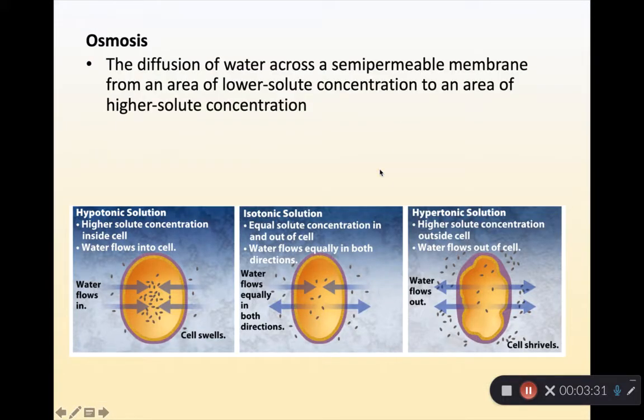So what I mean by diffusion is specifically osmosis. Osmosis is the diffusion of water across a semi-permeable membrane. And what's important is understanding the direction that osmosis occurs. Osmosis always occurs across a semi-permeable membrane from an area of low solute concentration to an area of high solute concentration.